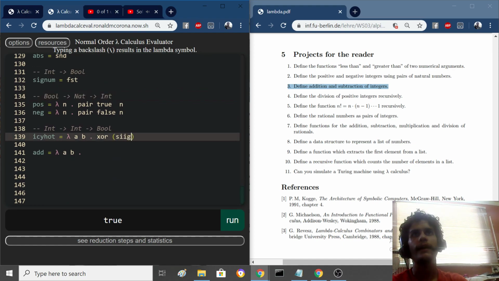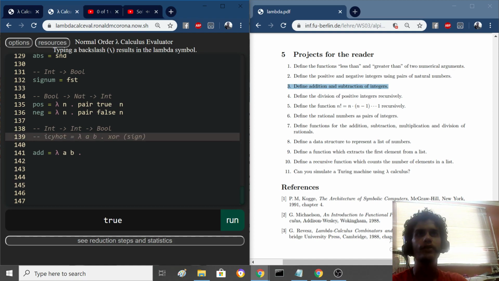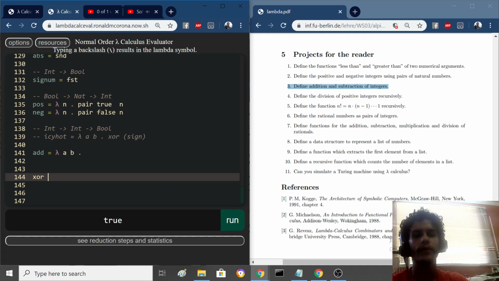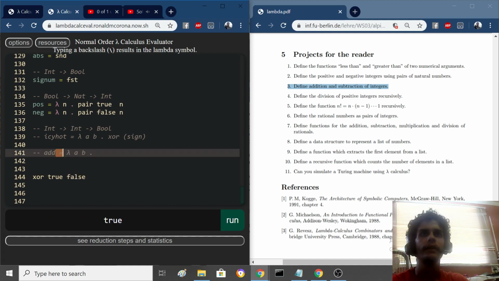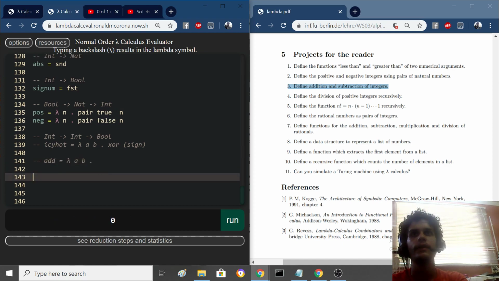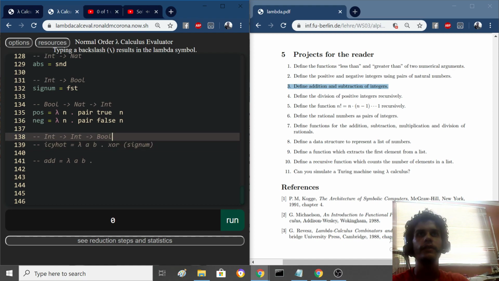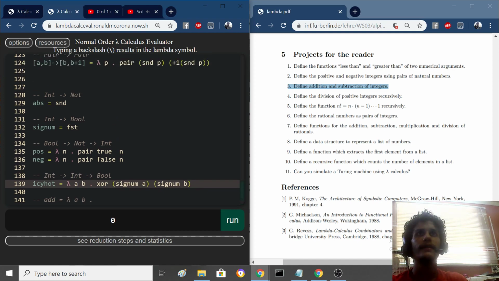So XOR, right? You know what XOR does, right? It only gives us true if they're different, right? XOR, true, false. Wow. And that's true. XOR, true, true. That's, however, false. Okay? So signum, the sign of A and the sign of B. Signum B. Alright, so that'll tell us if the signs are different.